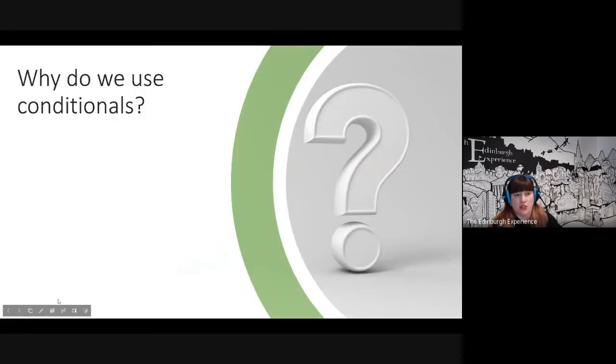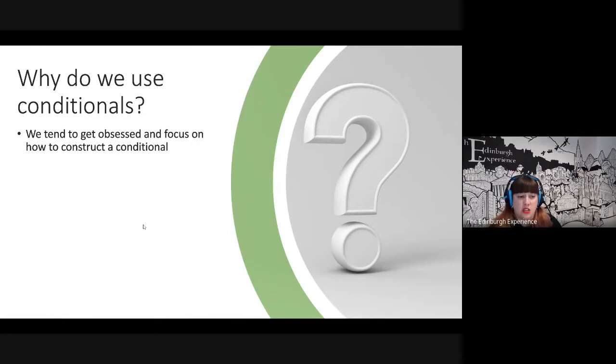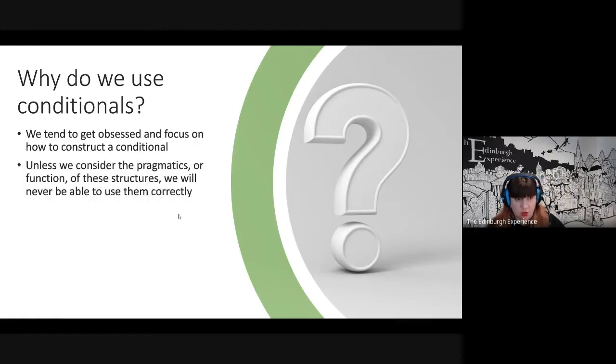Just to remind you, we talked about this when we talked about the first conditional, but to refresh your memories: when we use conditionals in English, we tend to get obsessed. I find that students usually get fairly focused on the construction of a conditional and how it should be put together, and we forget to think about why we use a conditional, the purpose or the pragmatics of it.